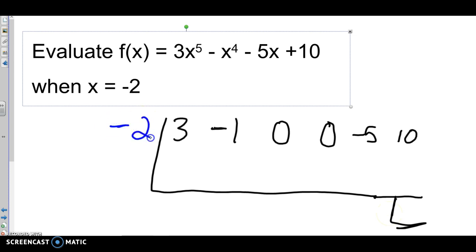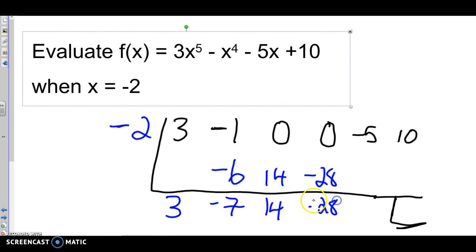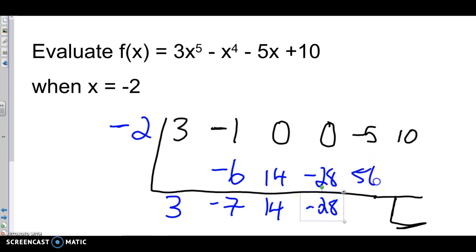I want to know what's the value of the function when x is -2. First number comes down. Multiply, add. Multiply, add. Multiply, add. Multiply, add. Multiply, add to get your final answer of -92.